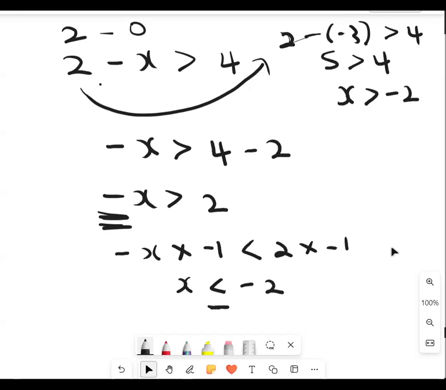You do it just like you would solve equations, but you simply turn around the inequality sign. So we'll take a pause there because we're going to change gears a little.